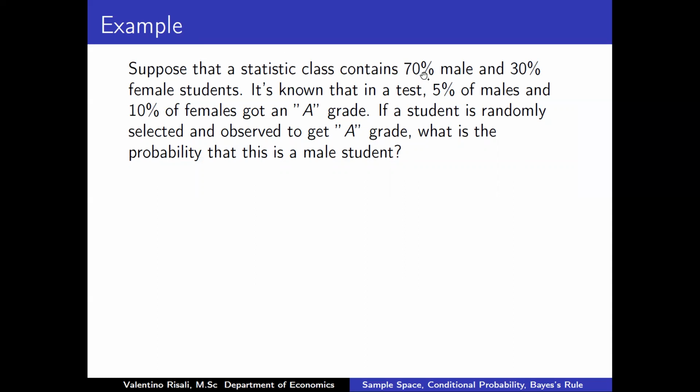In a class, there are 70% male and 30% female, and it's known that 5% of males and 10% of females got A. We select a student randomly, and we know that his or her score is A. The problem is, what is the probability that this student is male?